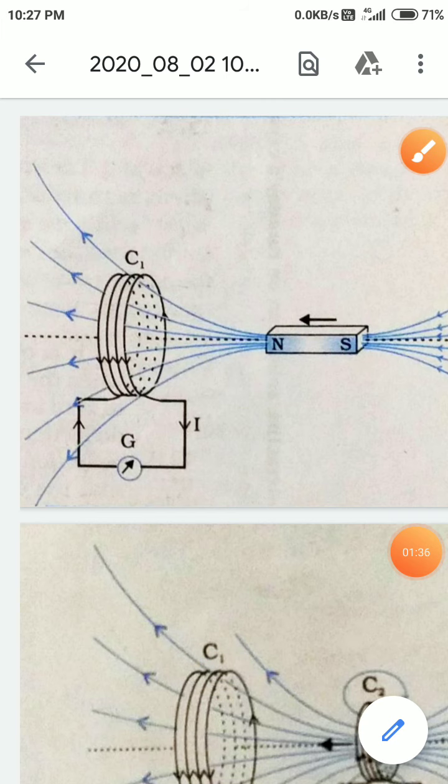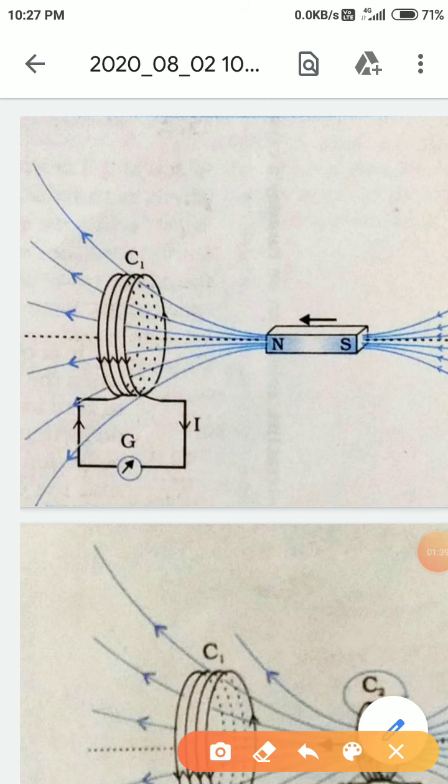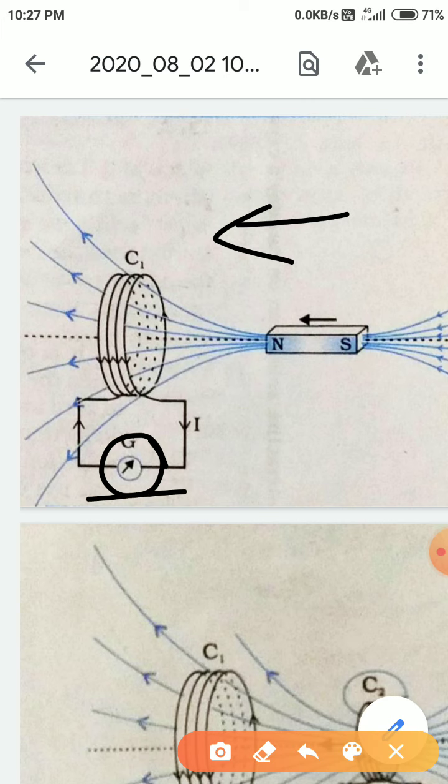Here you can see in the diagram that a magnet is moved towards a coil to which a galvanometer is connected. Because of this motion of the magnet towards the coil, the needle of the galvanometer shows deflection, that is, current is induced in the coil.